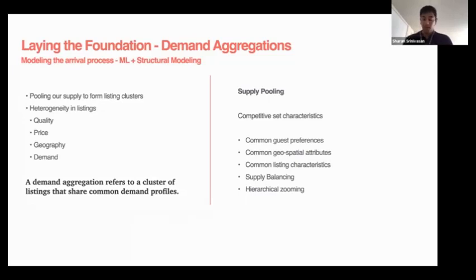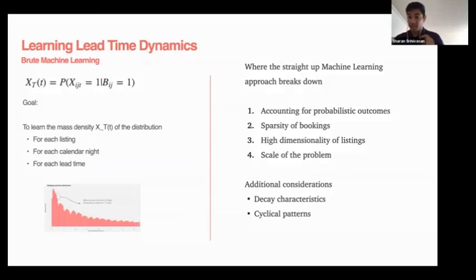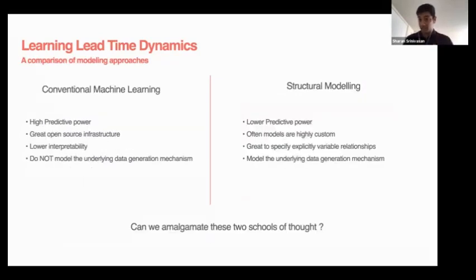These 3 steps amalgamate the 2 schools of thought that I outlined before, structural modeling as well as conventional or deep learning, in order to finally arrive at a solution that accounts for these 4 problems that I've stated: accounting for probabilistic outcomes, sparsity, dimensionality, and scale. Can we tackle these 4 problems by combining these 2 different schools of thought? That is what I'm going to go into in the next few slides.